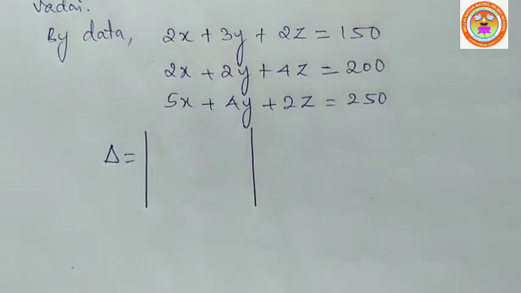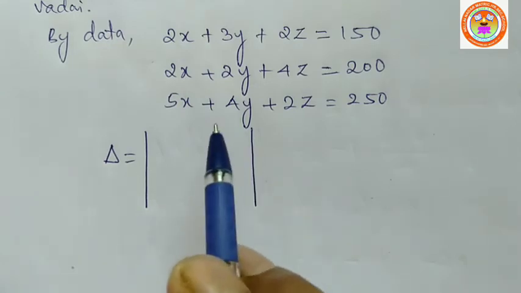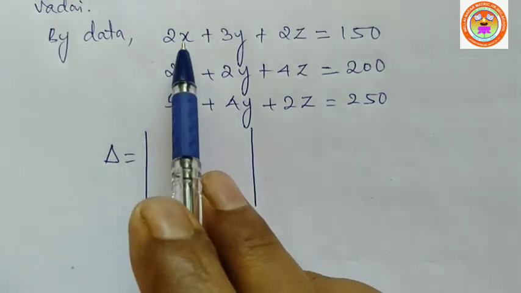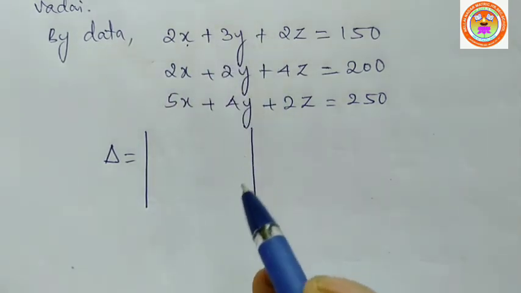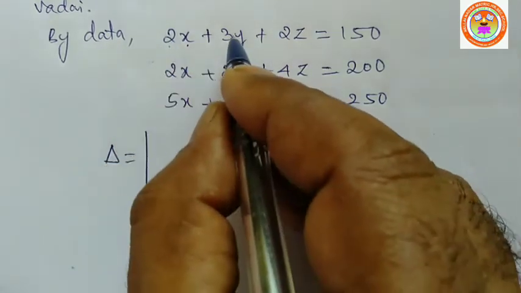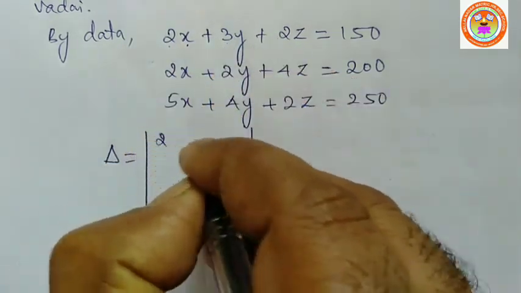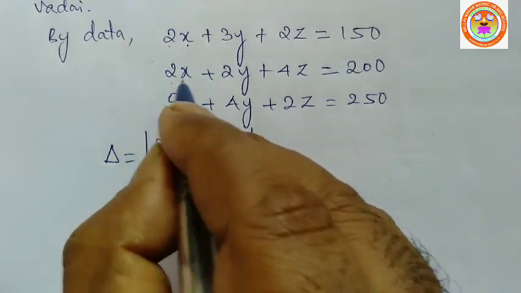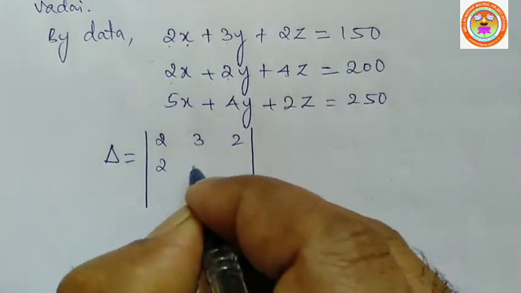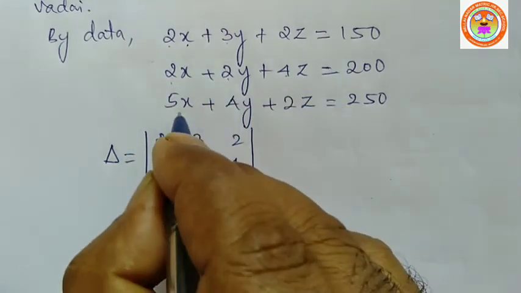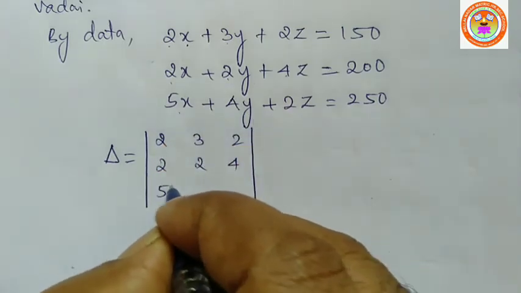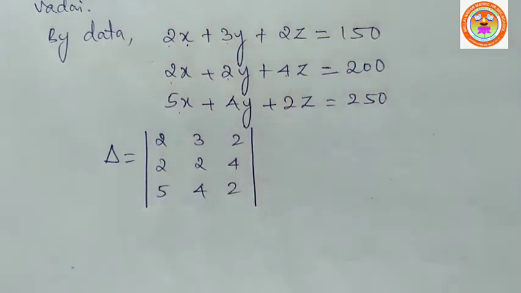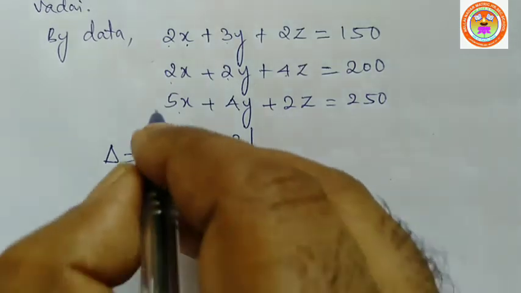What is delta? It is the determinant obtained from the coefficients of x, y and z. So 2, 3, 2, 2, 2, 4, 5, 4, 2. Now if we are expanding this determinant, what will we get?